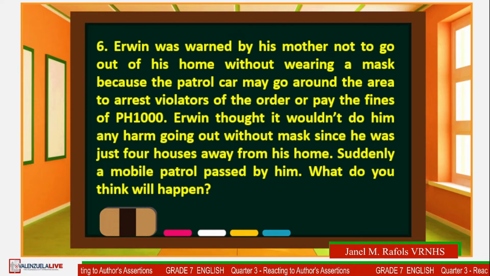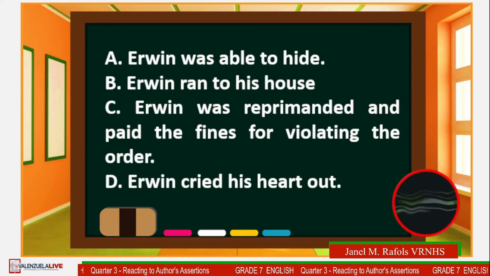Erwin thought it wouldn't do him any harm going out without mask since he was just 4 houses away from his home. Suddenly, a mobile patrol passed by him. What do you think will happen?